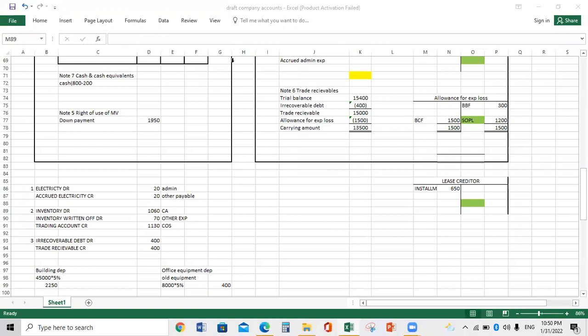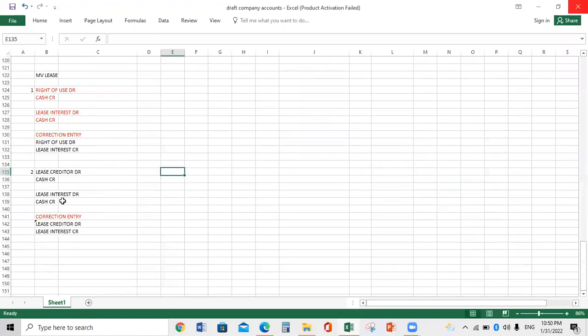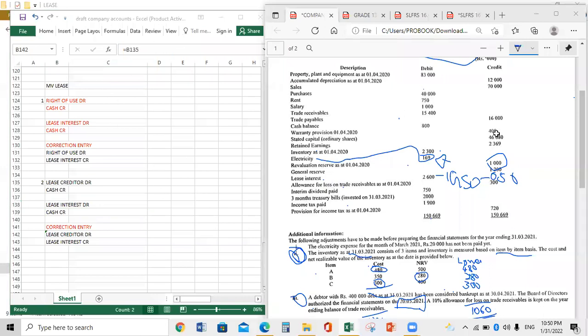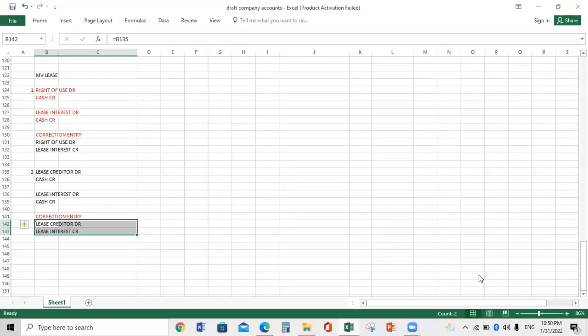What they have done is they have debited the interest account instead of the lease creditor. So the correction entry is lease creditor debit, lease interest credit. Lease interest credit means you have to reduce it, that's why I deducted here. And lease creditor debit means you should open a lease creditor account and debit it.